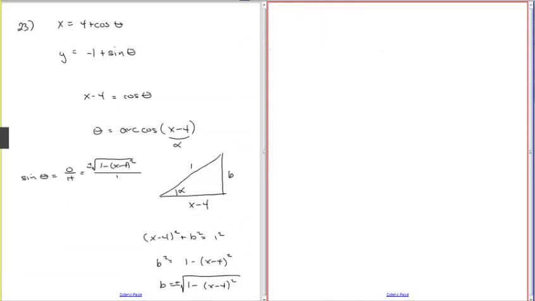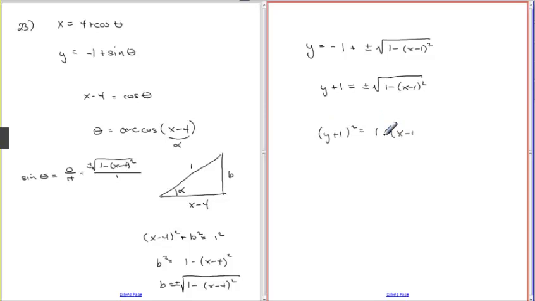So then we substitute that in here, so you get y is equal to minus 1 plus or minus the square root. Sine of theta is 1 minus the quantity x minus 1 squared. So we add 1 to both sides, we get y plus 1 is equal to plus or minus the square root of 1 minus x minus 1 squared. Square both sides, so you get y plus 1 squared is equal to 1 minus x minus 1 squared. Add that to both sides, you get x minus 1 squared plus y plus 1 squared is equal to 1.